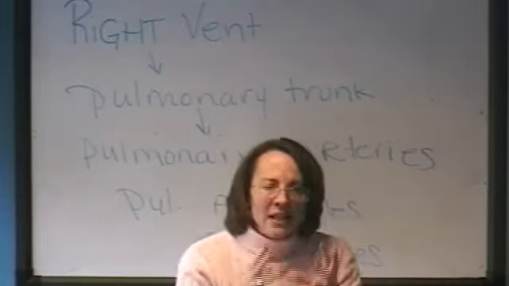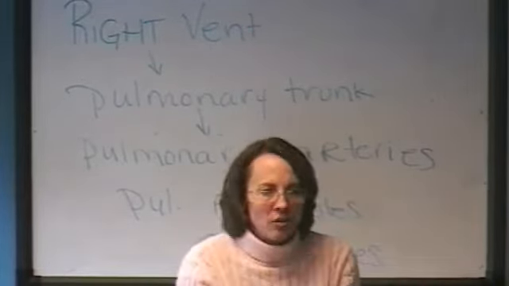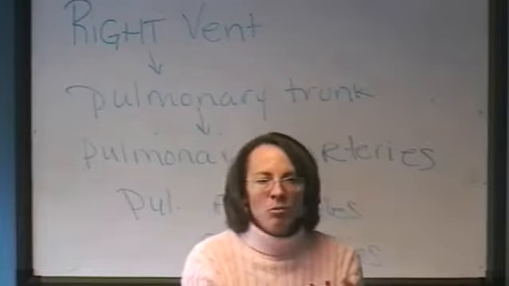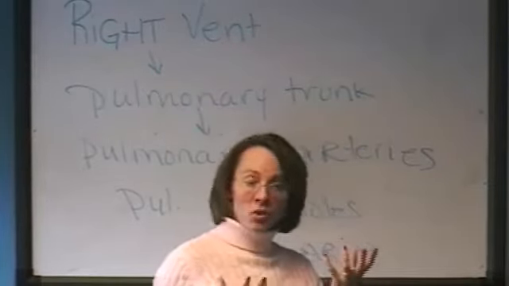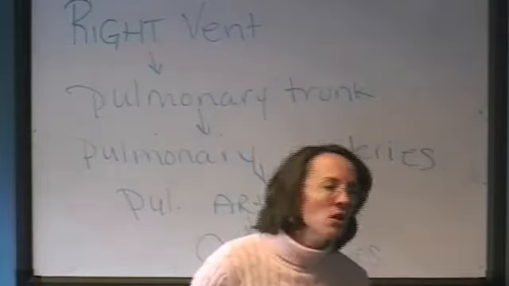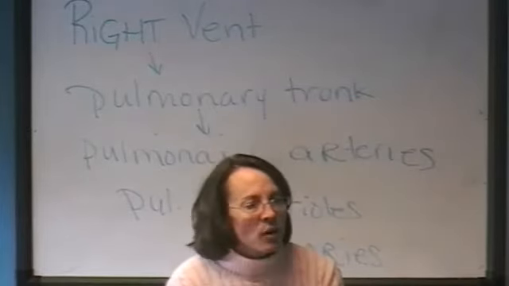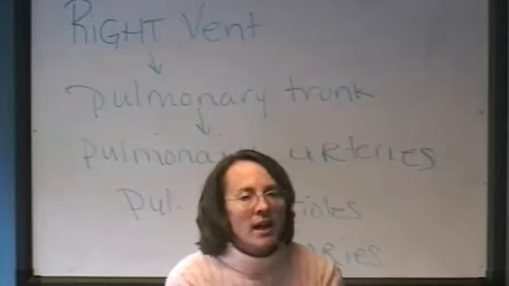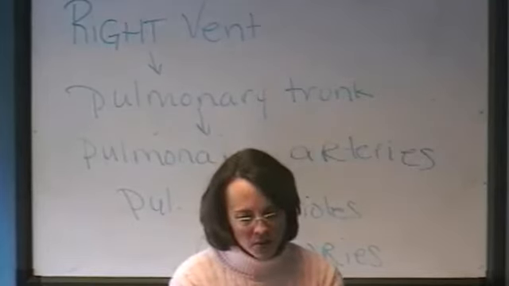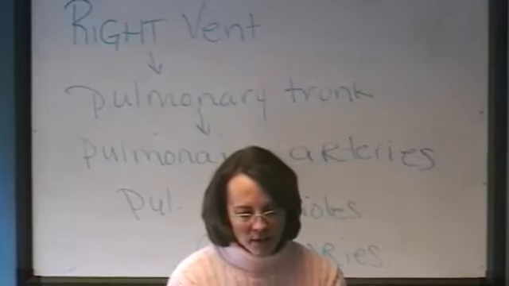The bronchial arteries are what feed and nourish the lung tissue itself. So it doesn't take nutrients from those pulmonary vessels. It's got to come from those bronchial vessels. Two totally different things.